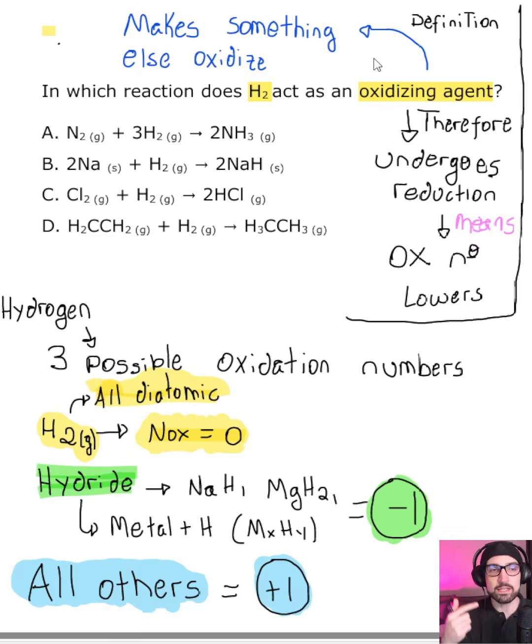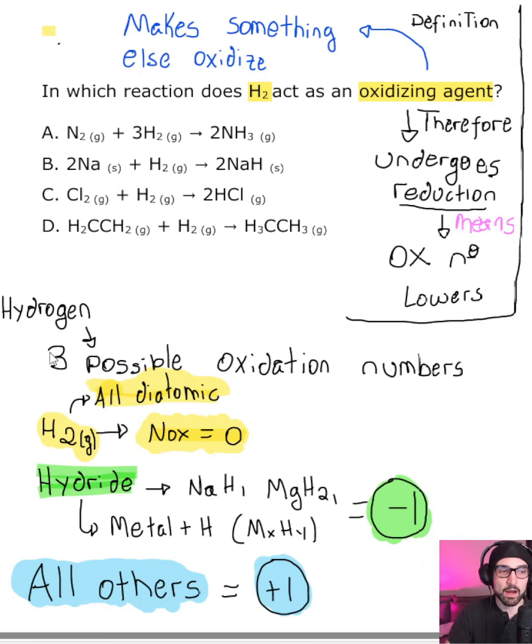So something that's an oxidizing agent makes the other reactant oxidize, okay? Therefore, there's a consequence of that. To be an oxidizing agent, you have to undergo reduction, right? All oxidizing agents are elements that undergo reduction, that suffer reduction, meaning that the oxidation number, or NOx, has to lower, has to decrease, okay?